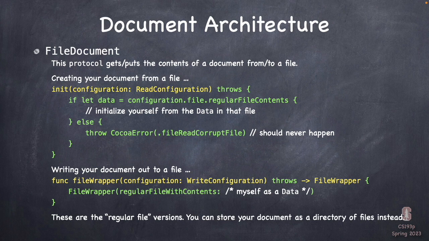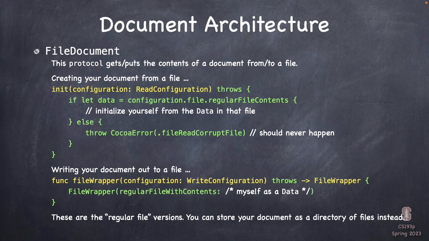So you could imagine, I'm just making this up, this is not the way it's done, but like Pages, you have a Pages document and it's got a lot of images in there. Maybe those images are stored as JPEG files in a directory, and the Pages file is one of the files in the directory. You see what I'm saying? So that's what a file wrapper is supporting. But in our case with emoji art, we don't use any of that.